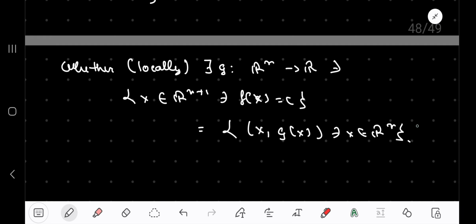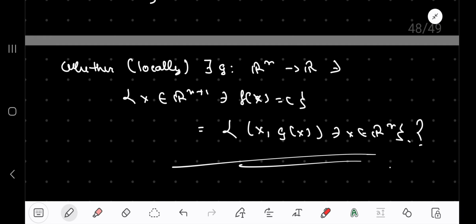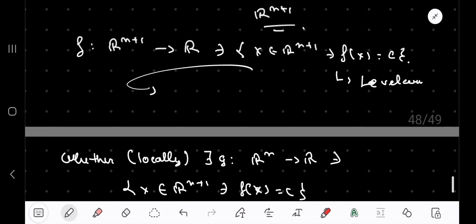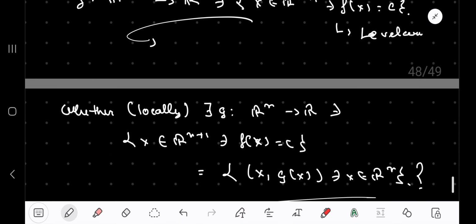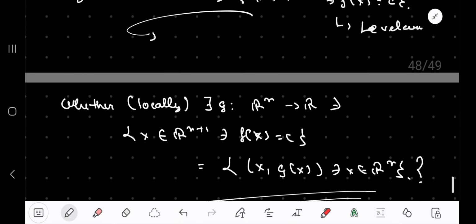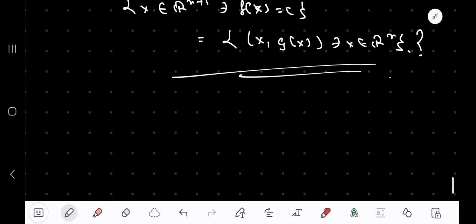Fine. So this is the question which is dealt with in the implicit function theorem. Now suppose this level curve is given to you geometrically, as some surface. Then you can obviously try the vertical line test, and you will be able to observe that if this level curve satisfies the vertical line test, then it is possible for there to exist a function whose graph is this level curve.